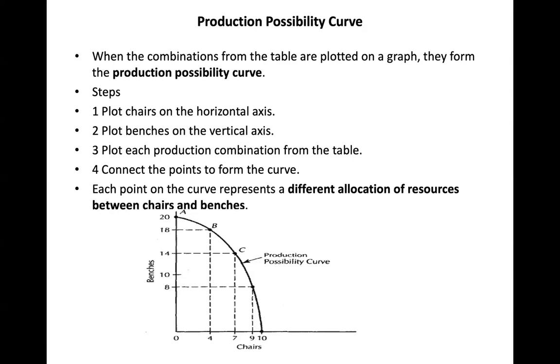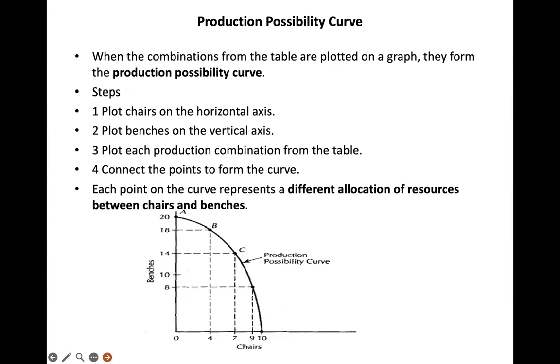So let's say that the firm is moving from D to C. If you are moving from D to C, where would the gains lie? The gain will be on benches. The losses will be on chairs.